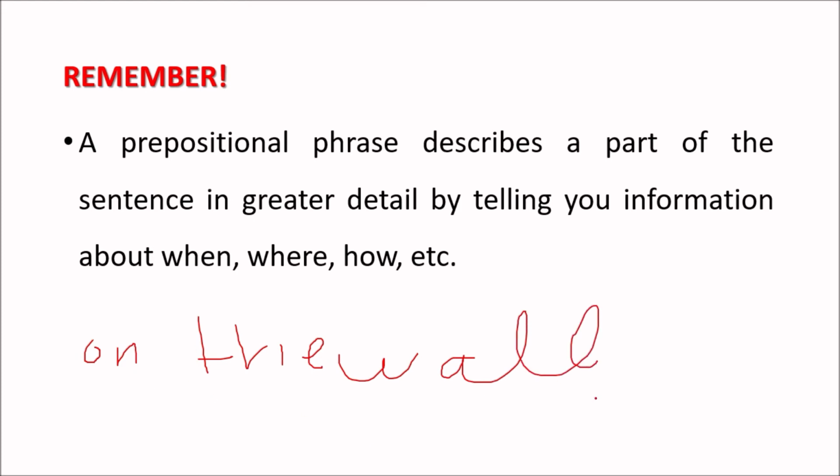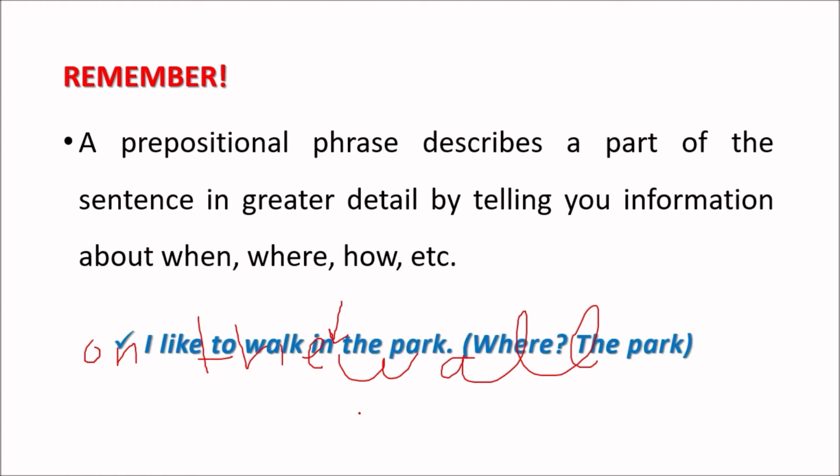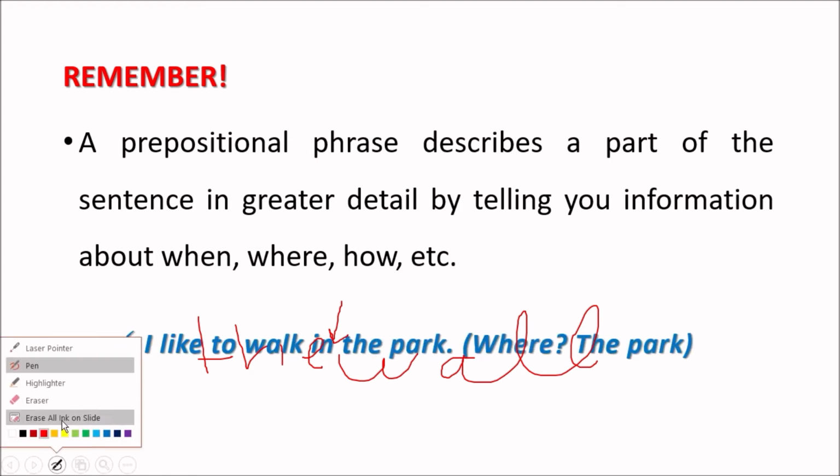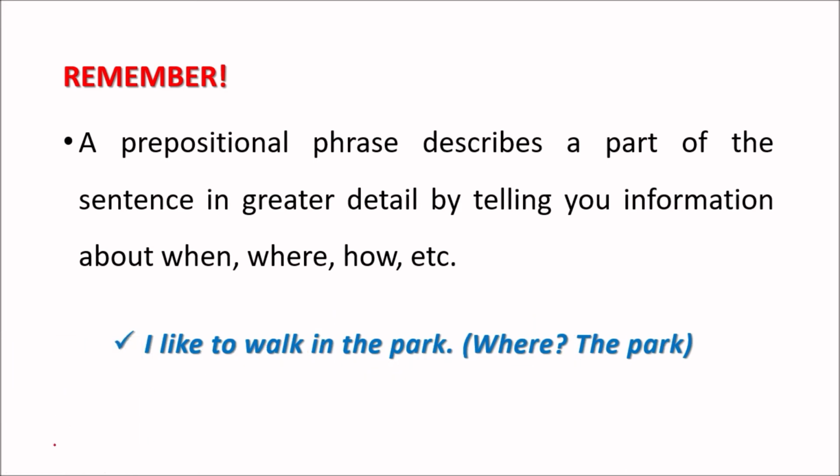Good prepositional phrase. It's giving you more information. Here you can include on the pink wall, on the red wall, and you can start giving more and more information. Like in this example: I like to walk in the park. It's giving you information about where. That will be the park.